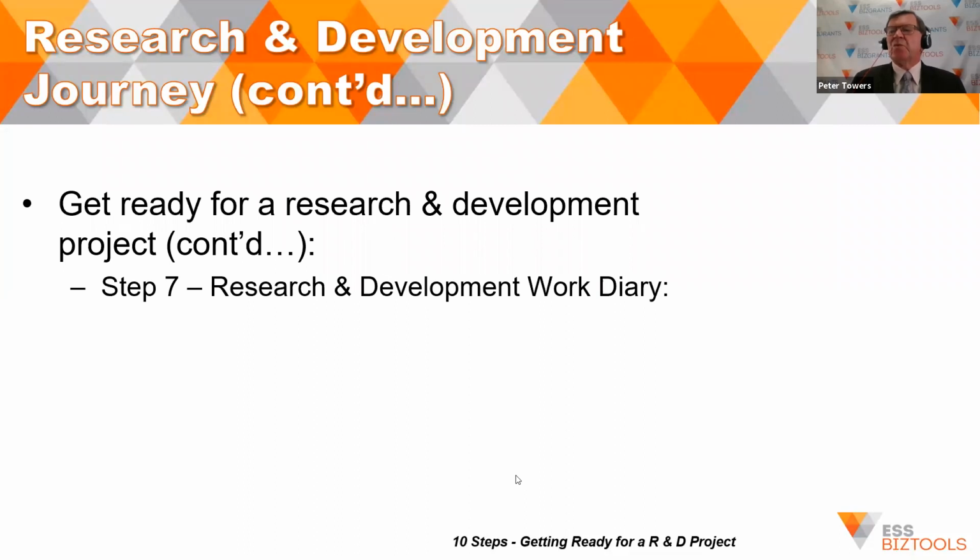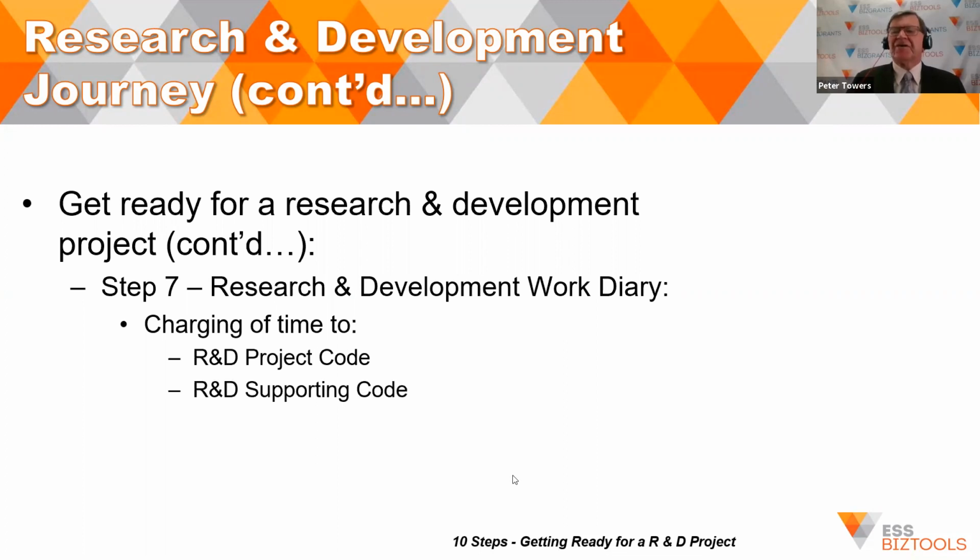Step 7, the work diary. It relates to the charging of time. In lots of ways, I probably got in front there and talked about the project code and the supporting code. One of our suggestions is that there should also be codes for the supporting activities. Please bear in mind that in research and development, we have the core research and development projects, which is what the research and development number's been allocated for.